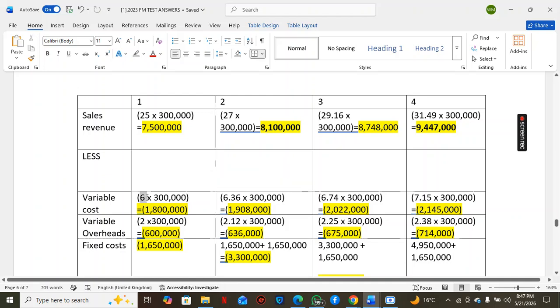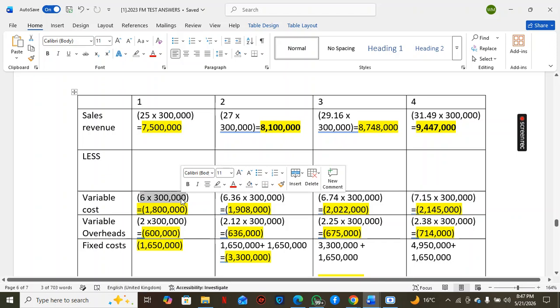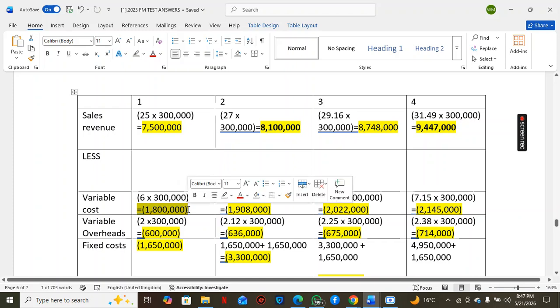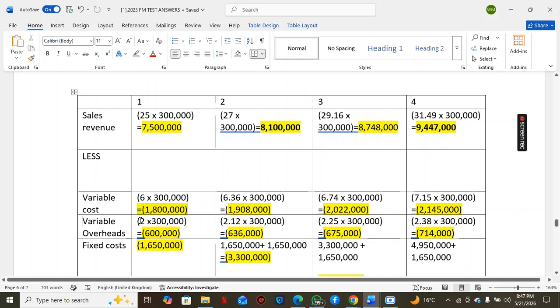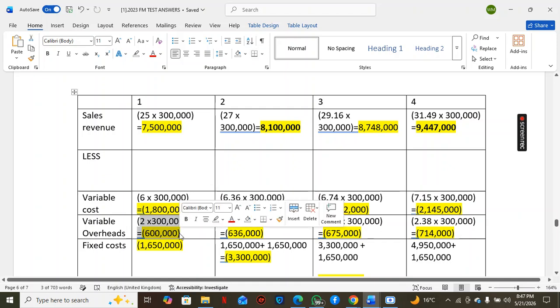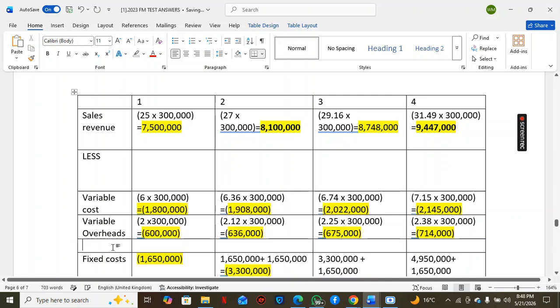So 6 kwacha per unit multiplied by 300,000 units that have been produced, our variable cost is 1,800,000. Our variable overheads, 2 kwacha per unit multiplied by 300,000 units that have been produced, 600,000.